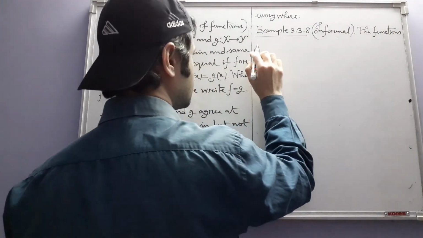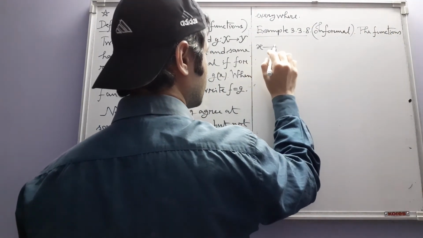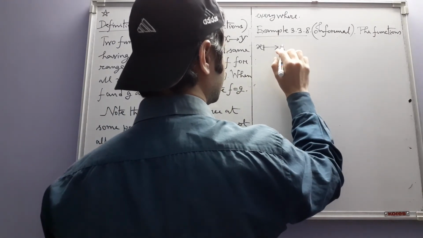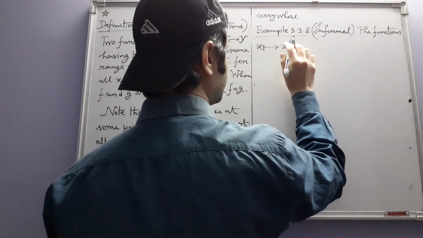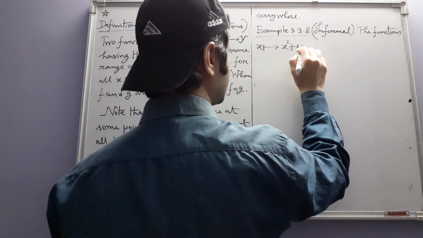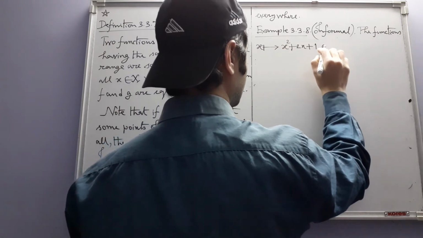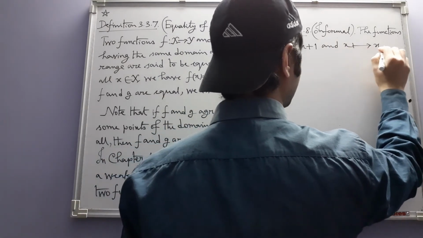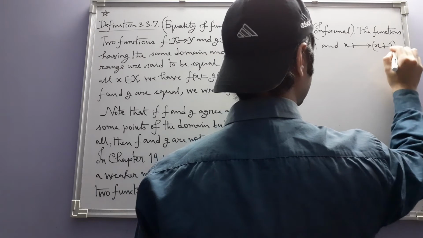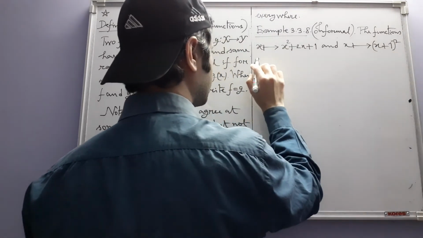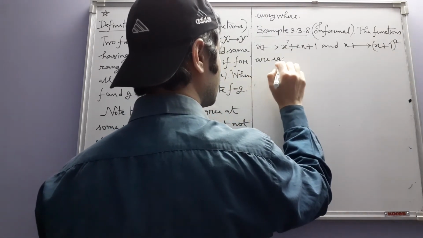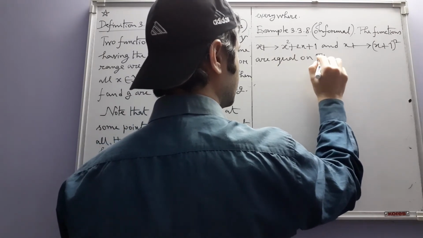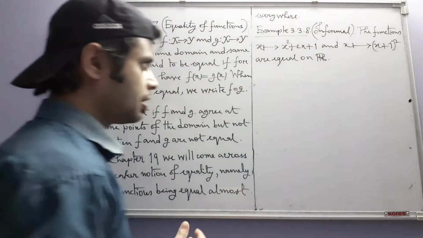Now functions x being mapped to x square plus 2x plus 1 and x being mapped to x plus 1 whole square are equal on the set of real numbers. They are basically the same thing.